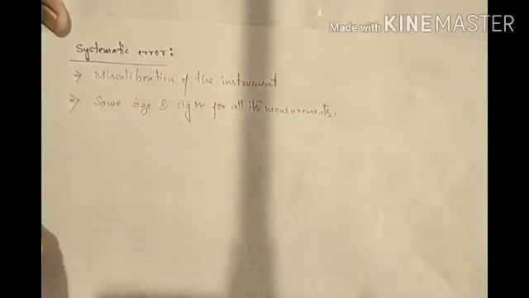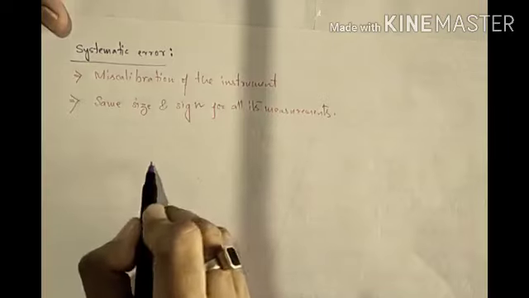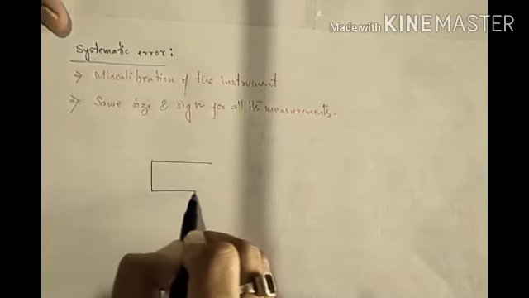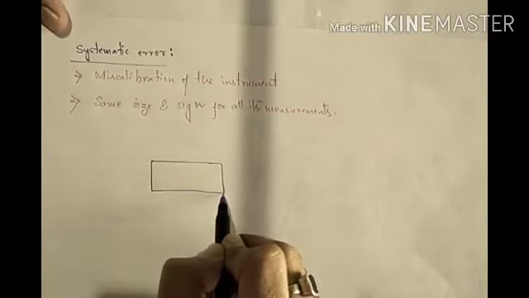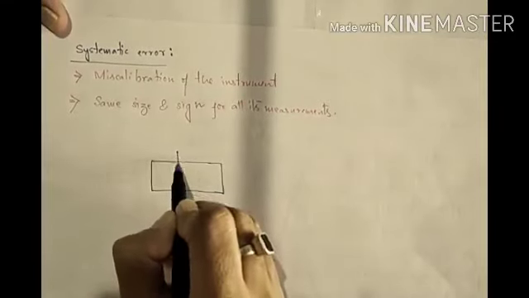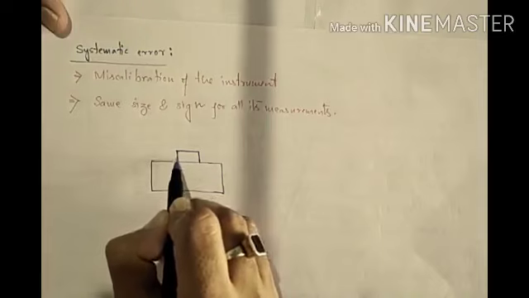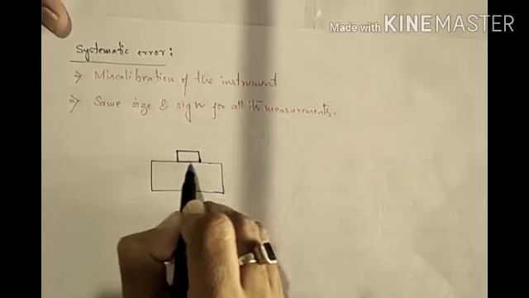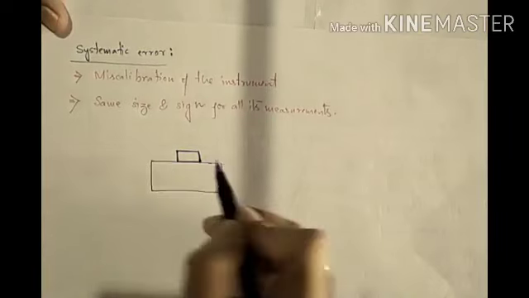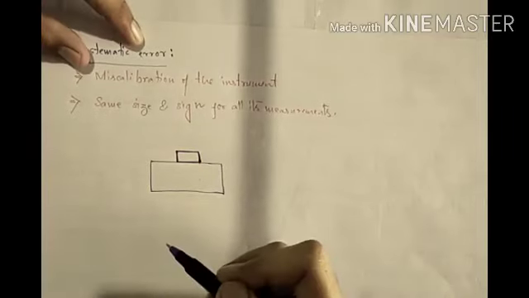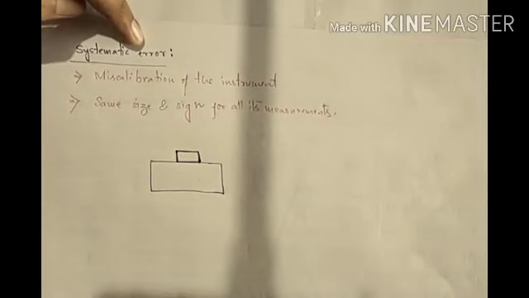Fine. Now let us try to understand what is meant by miscalibration of the instrument. Suppose you have gone to a jewelry shop to buy gold and you will find a digital weighing machine. Say this is the digital weighing machine, and here there will be the display where you will see how much is the weight of the gold that you have purchased. Now imagine a situation.